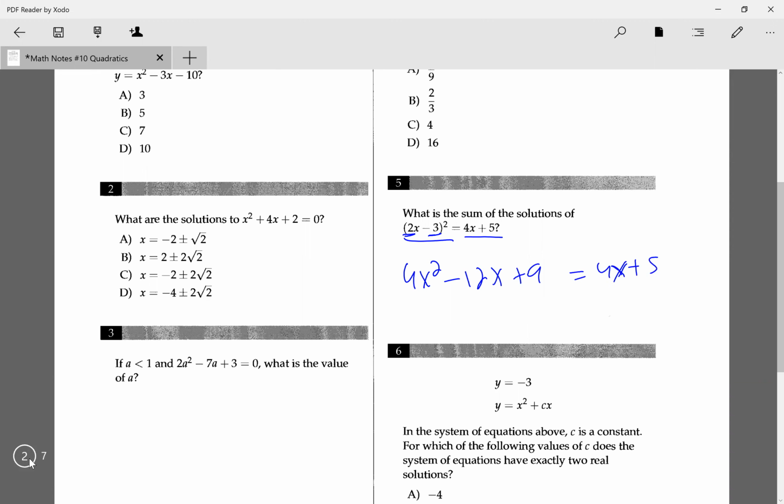And now I just solve: 4x squared minus 16x plus 4. And remember, the sum of the solutions of this is just going to be negative b over a. So negative b would be 16 over a, which is 4. So the answer is 4.